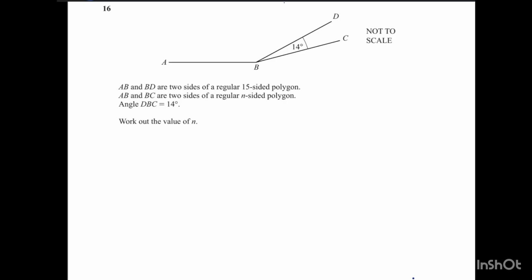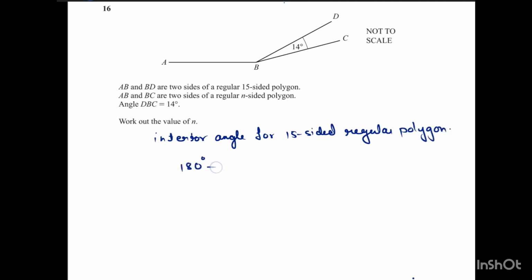The interior angle for a 15-sided regular polygon will be 180 minus 360 divided by 15.